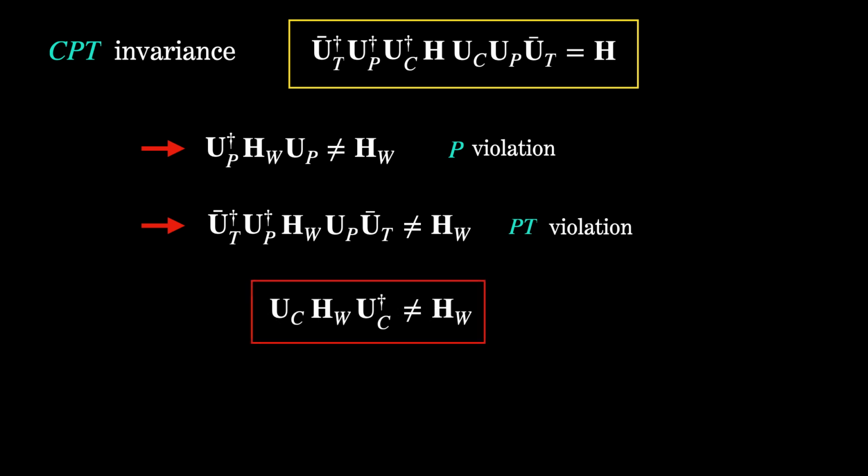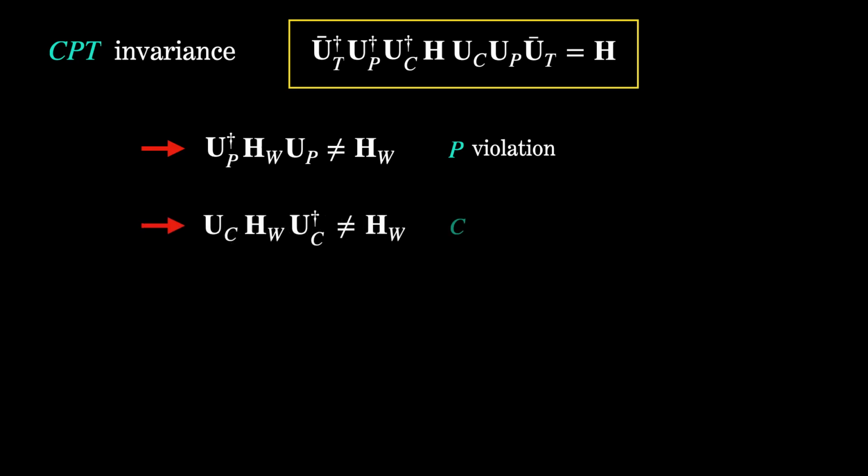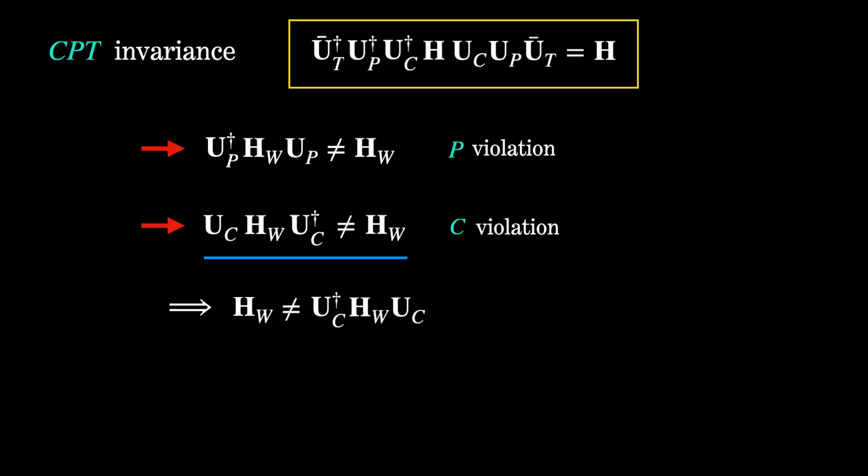Thus we see that the PT violation by the weak interaction implies that it also violates charge conjugation, assuming that it satisfies CPT symmetry. We can rewrite this in a form that is similar to the parity relation above by using the unitarity of UC.